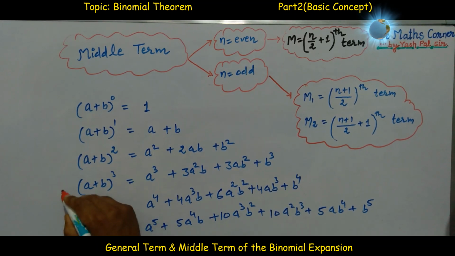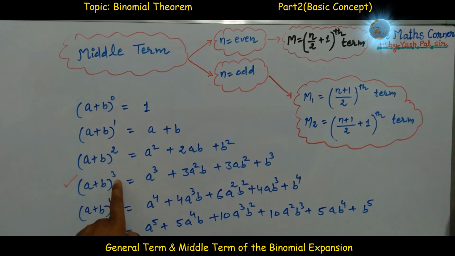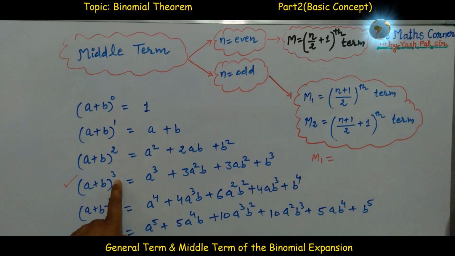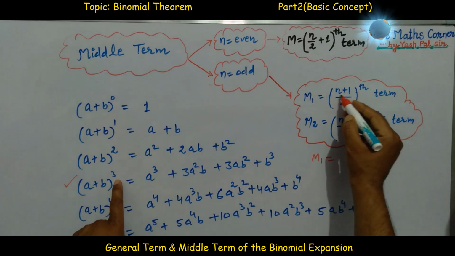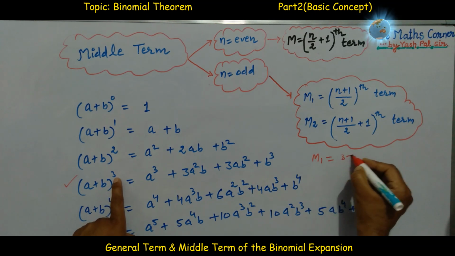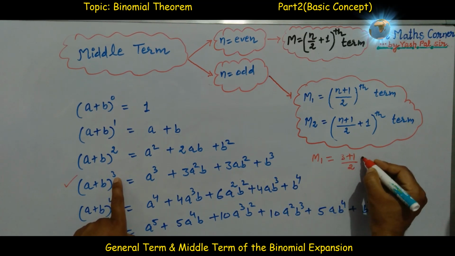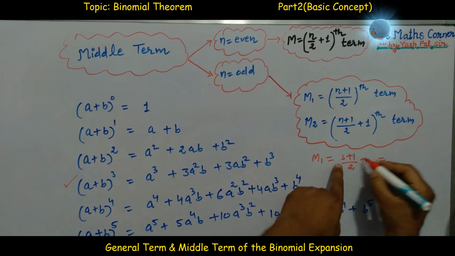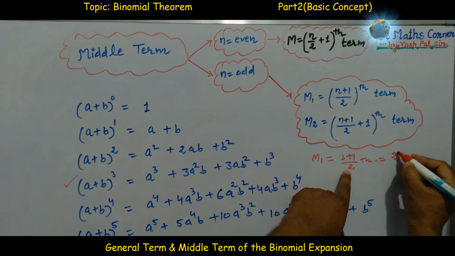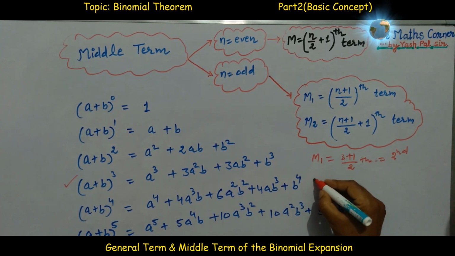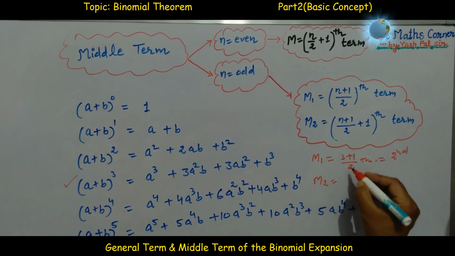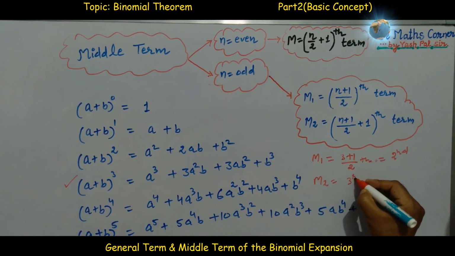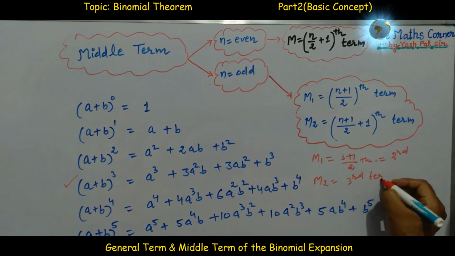So let us check here. We just consider n is 3. So what is the first middle term? This is equal to the ((n+1)/2)th term, that is (3+1)/2, that is 4/2, the second term. And m2 means after the second, this is the third term.